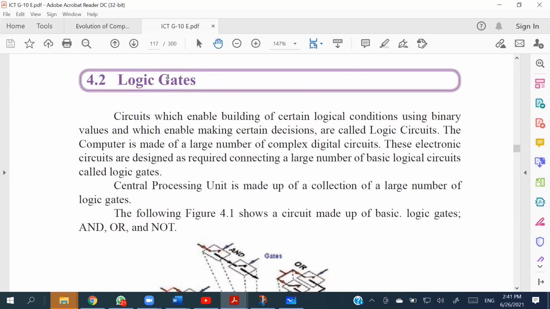So under that, have the first subheading logic gates and copy this particular sentence.